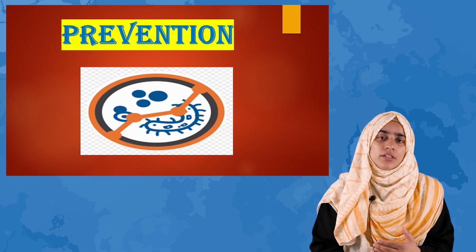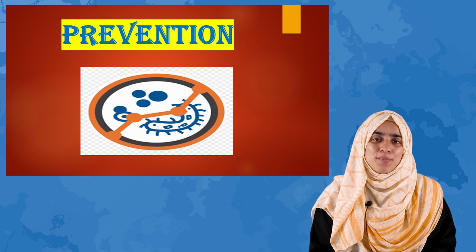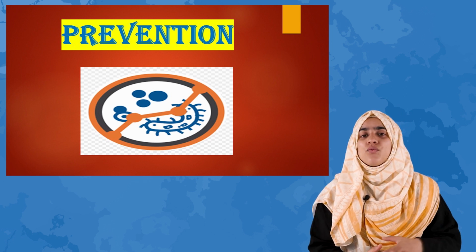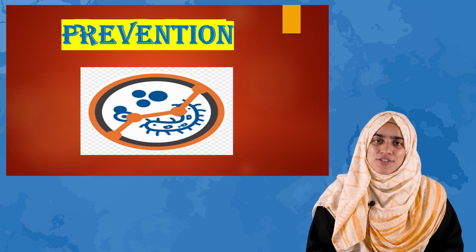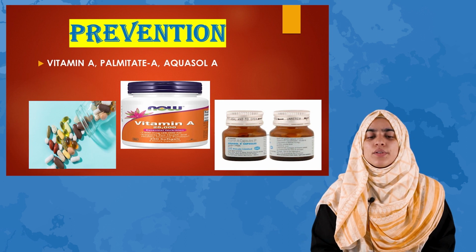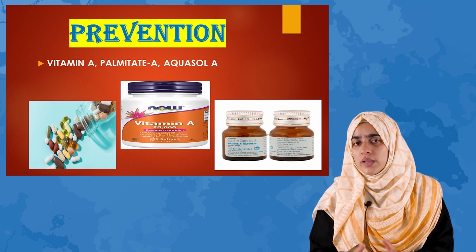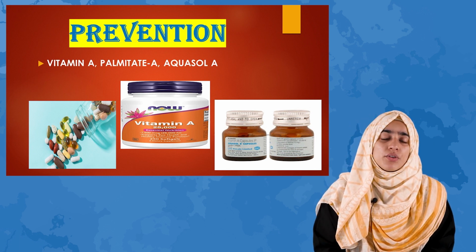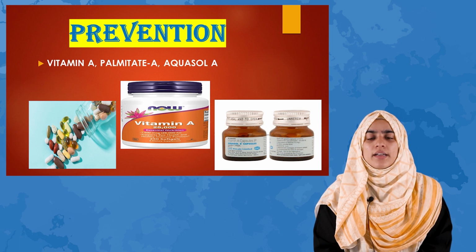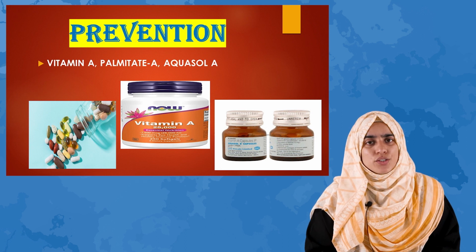Along with the dietary things and the supplementations, there are some preventive measures which can be helpful for preventing vitamin A deficiency. So these prescribed supplementations, for example vitamin A palmitate or Aquasol, are common trade names available in the markets, and they are given to the child as well as to the mother.